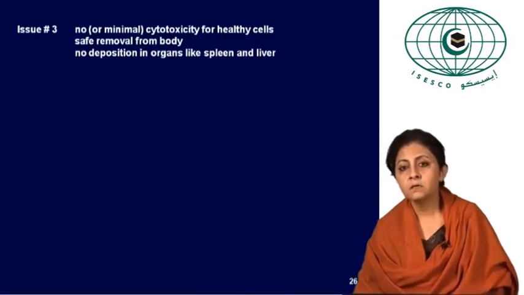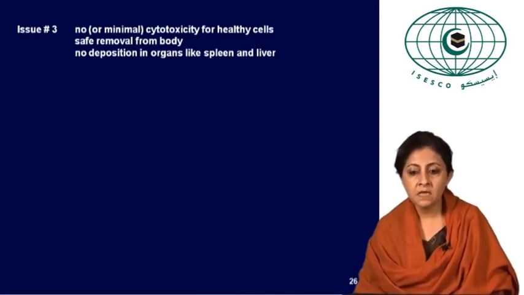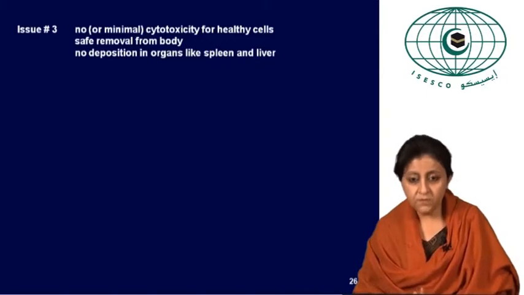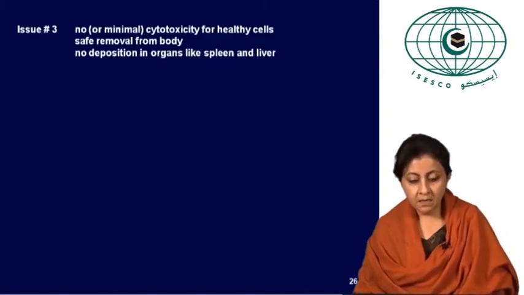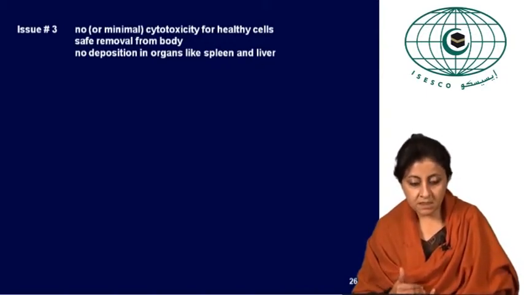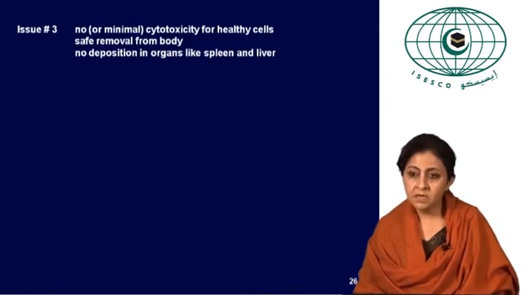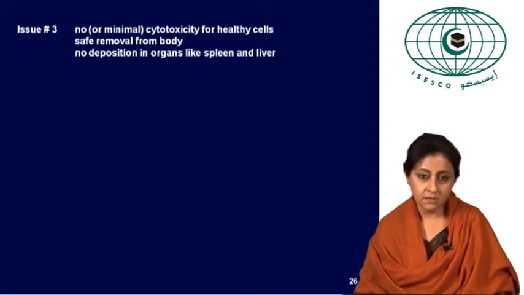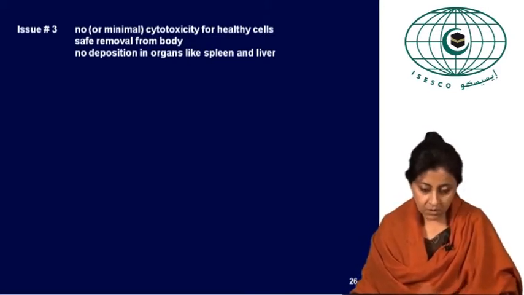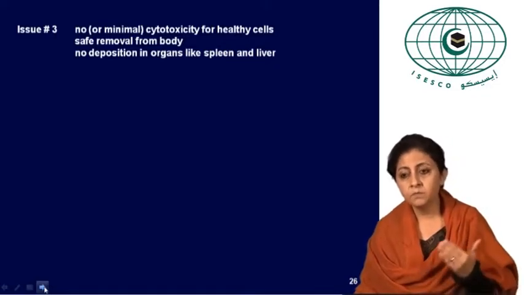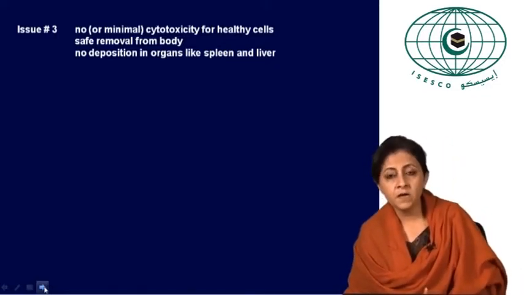And actually the only material which is officially approved by the US Food and Drug Administration, the FDA, is magnetite or iron oxide for use inside the human body. And all other materials are now being researched, and people are trying to find ways to make them biocompatible.